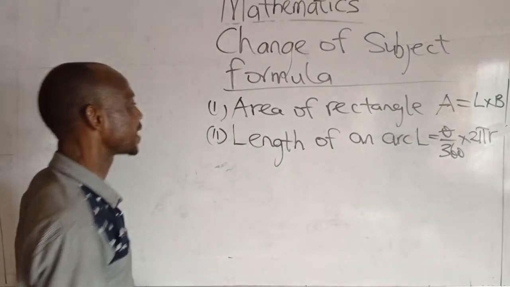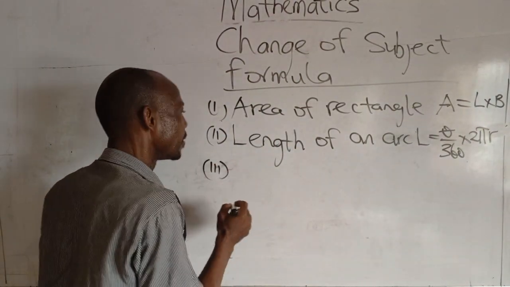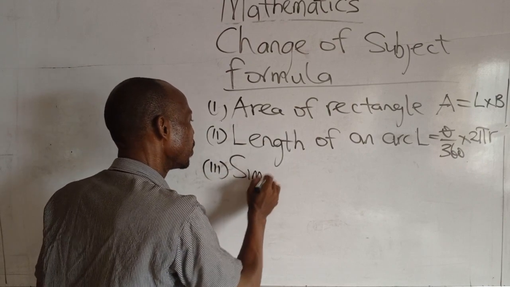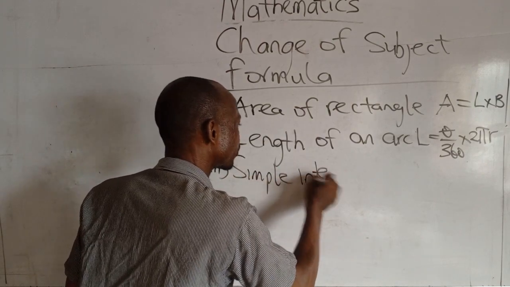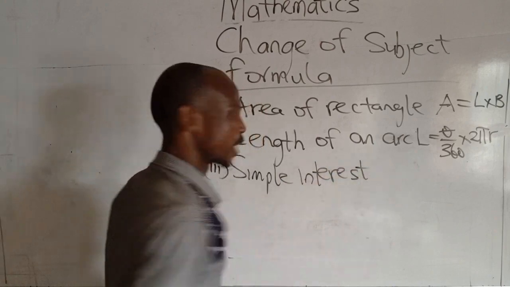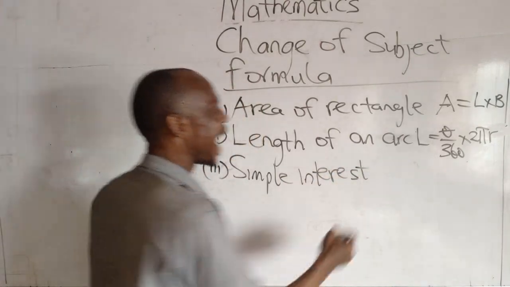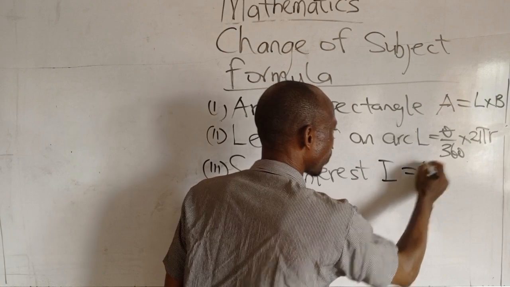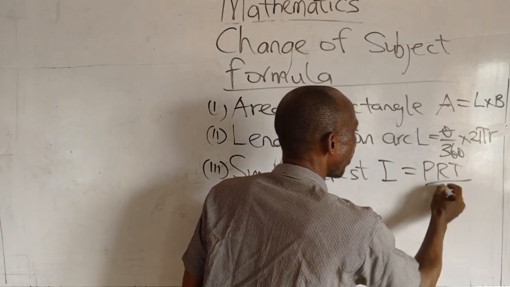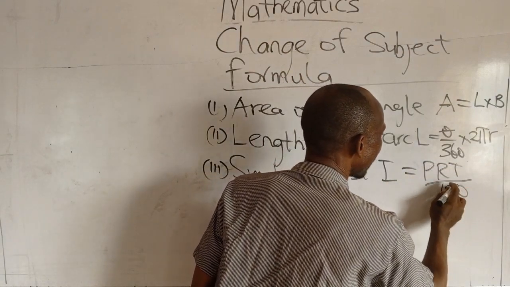We can also have another, simple interest. Simple interest, I, is given as what? PRT all over 100.